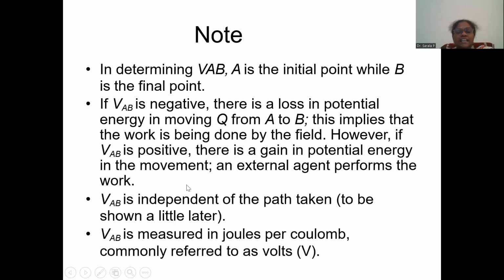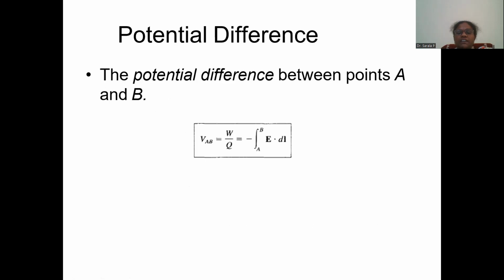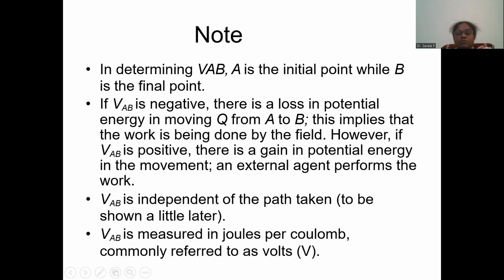In determining VAB, the potential difference, A must be the initial point and B the final point. If VAB is negative, as in the formula above, there is a loss in potential energy in moving a charge from A to B, which implies the work is done by the field.